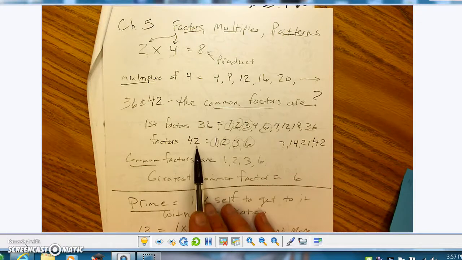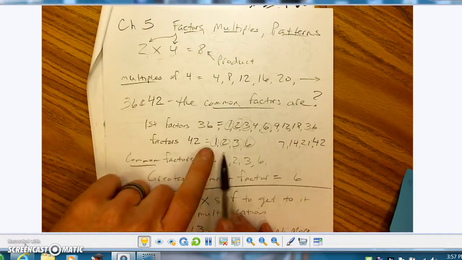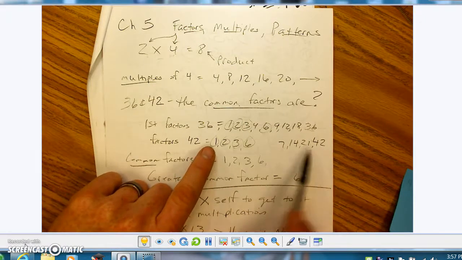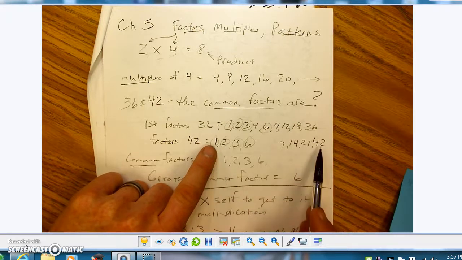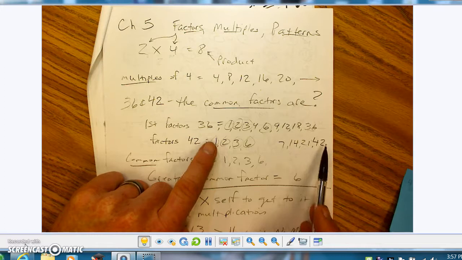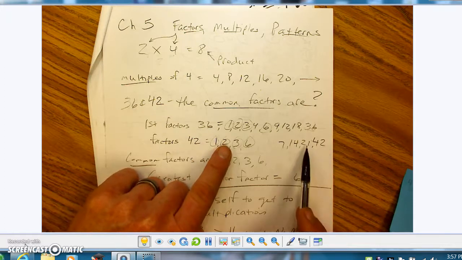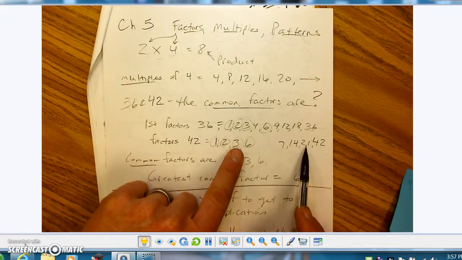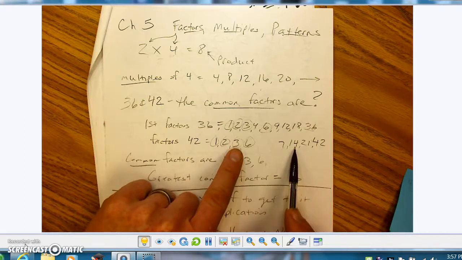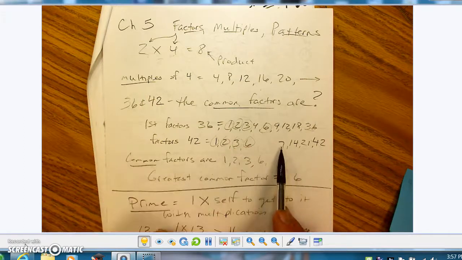What about 42? Well, 42 could be 1 times 42. Notice how when I'm making this, I go 1 and 42, small number here, big number here. 2 and 21, 3 and 14, 6 and 7.